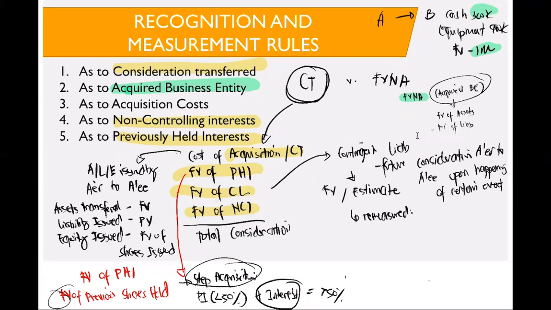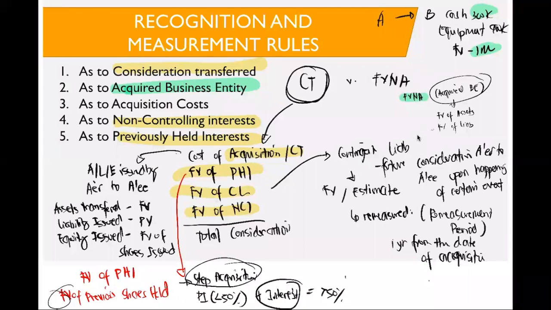So what is this remeasurement? In your PFRS 3, we have this remeasurement period. This remeasurement period is 1 year from the date of acquisition.